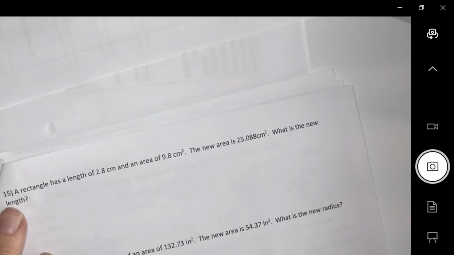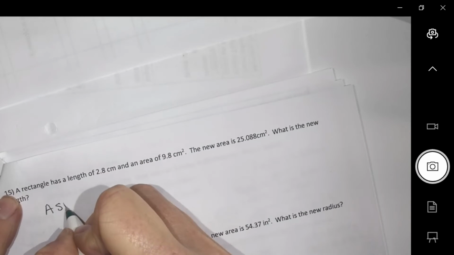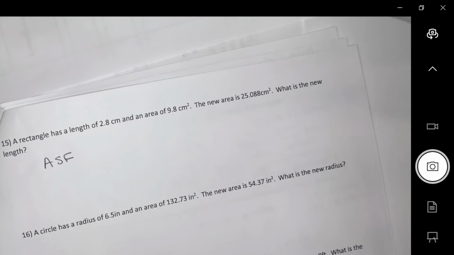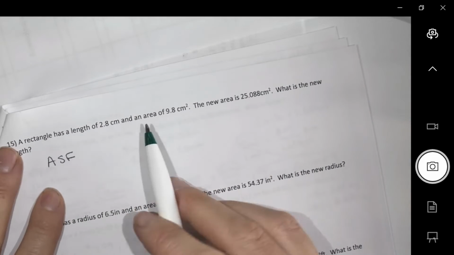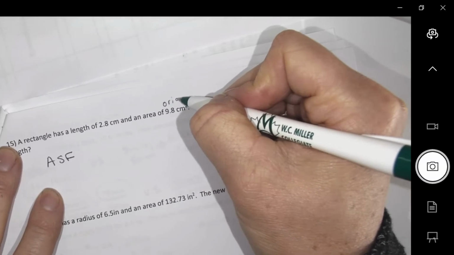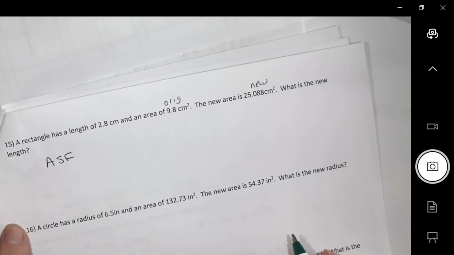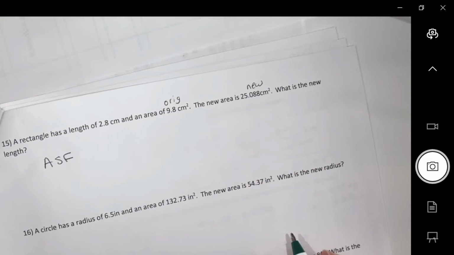Okay, ready? Can you figure out what is the scale factor between the areas? This is the original and this is the new. So what's the scale factor between the areas that I've given you?